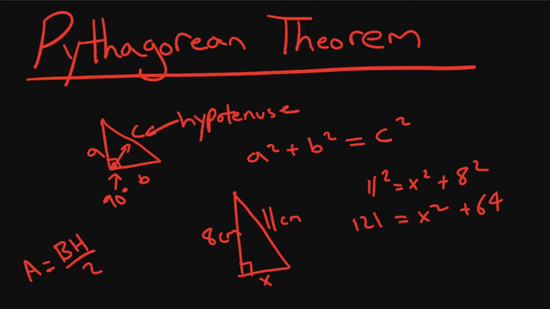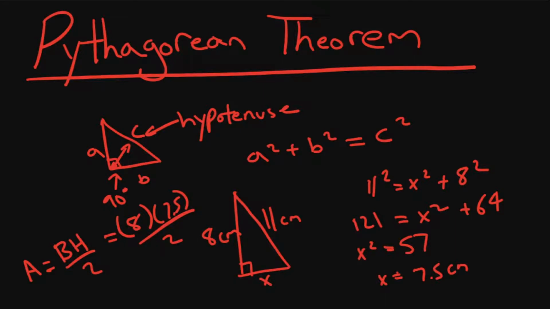And then if you isolate the x squared, you have x squared equals 57, which if you take the square root of both sides, it's about 7.5. And then you can plug that into here and see that it's 8 times 7.5 over 2 equals about 30 centimeters squared.